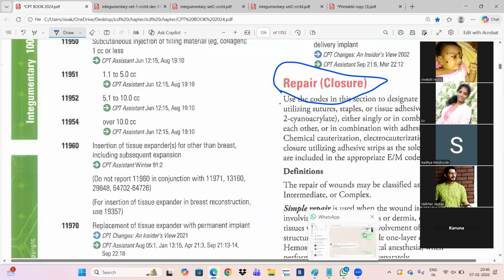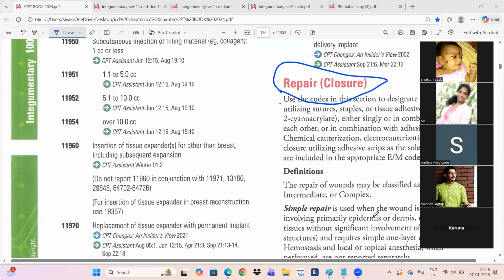Next concept we can discuss is repair. Repair means skin repair. Whenever we are coding a skin repair, first we need to check the type of material, what type of material they used to perform a repair.